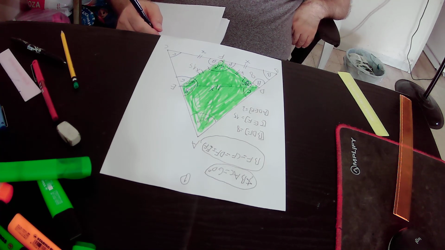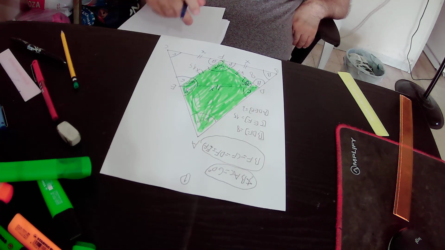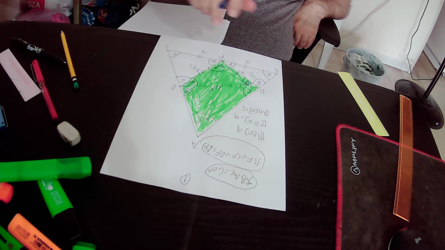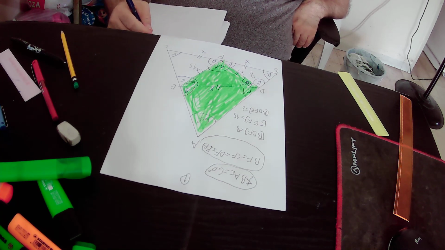And the square ratio of their corresponding sides is BC squared, that is the side of triangle ABC, over DE squared. DE is the side of triangle ADE.